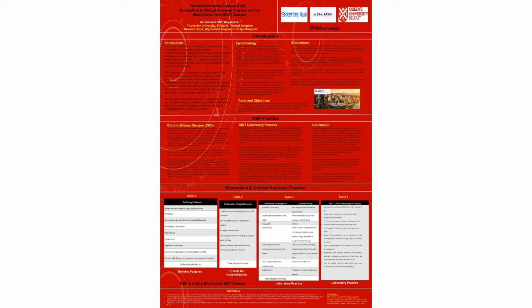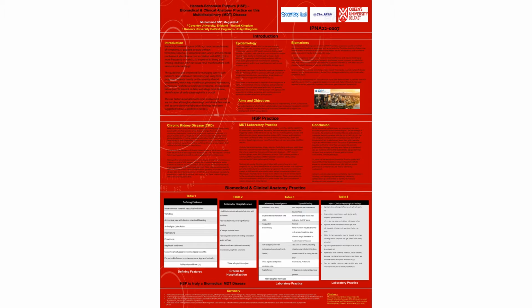So Henoch-Schonlein Purpura is characterized by a triad, or three main symptoms. Number one is palpable purpura without thrombocytopenia.